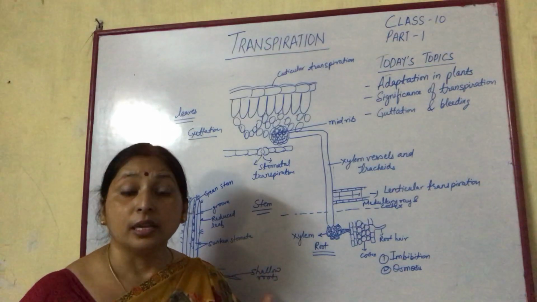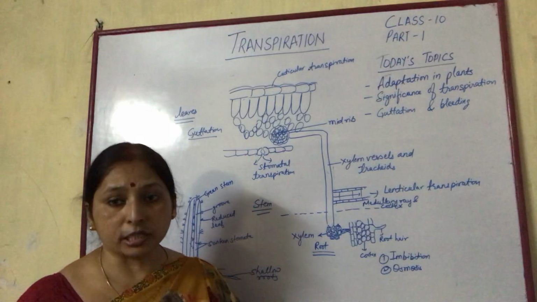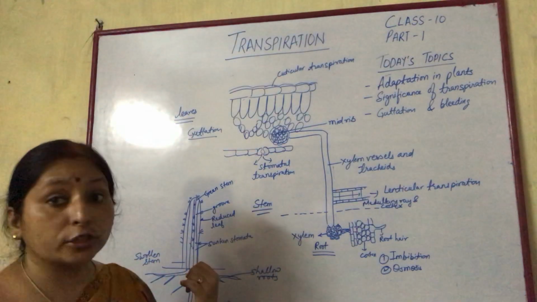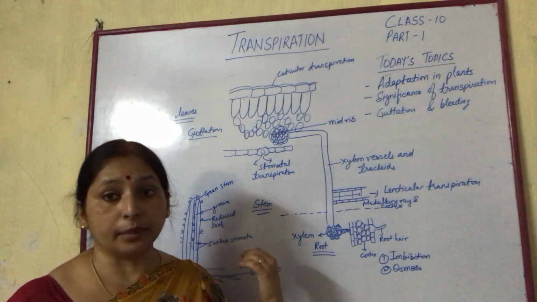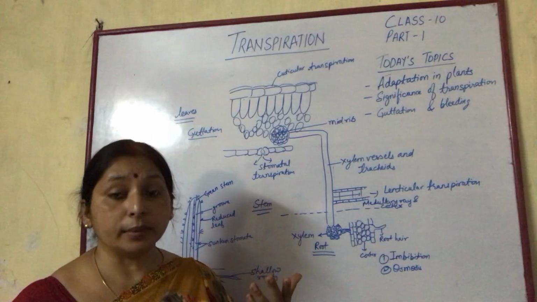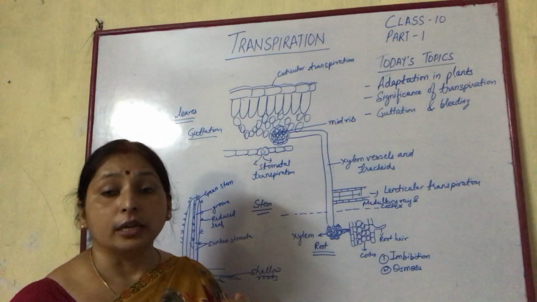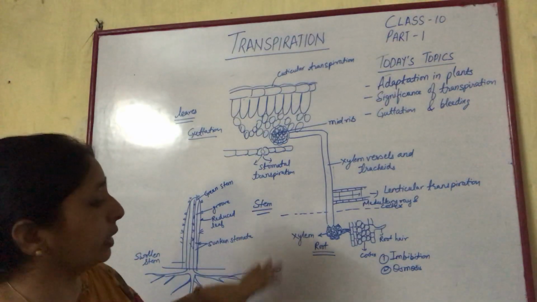Sometimes the stomata are covered with hair-like structures to reduce transpiration, as in the case of Nerium. In the case of cactus, there are various adaptations. So with the help of this diagram, we'll study the adaptations in xerophytic plants, especially the cactus, to reduce loss of water by transpiration.